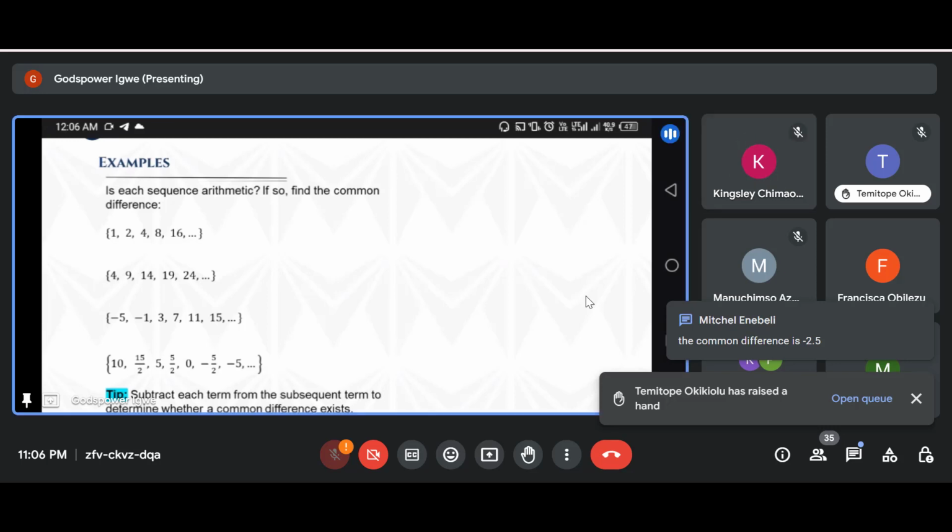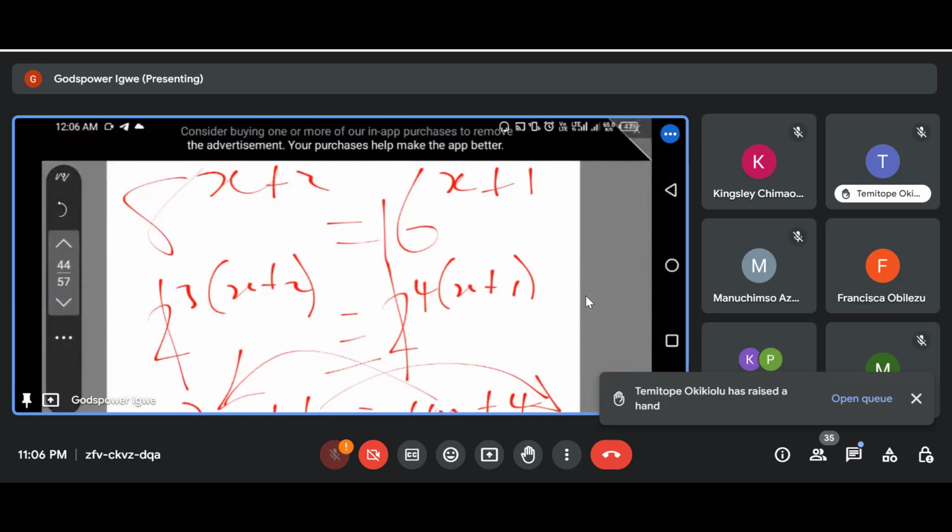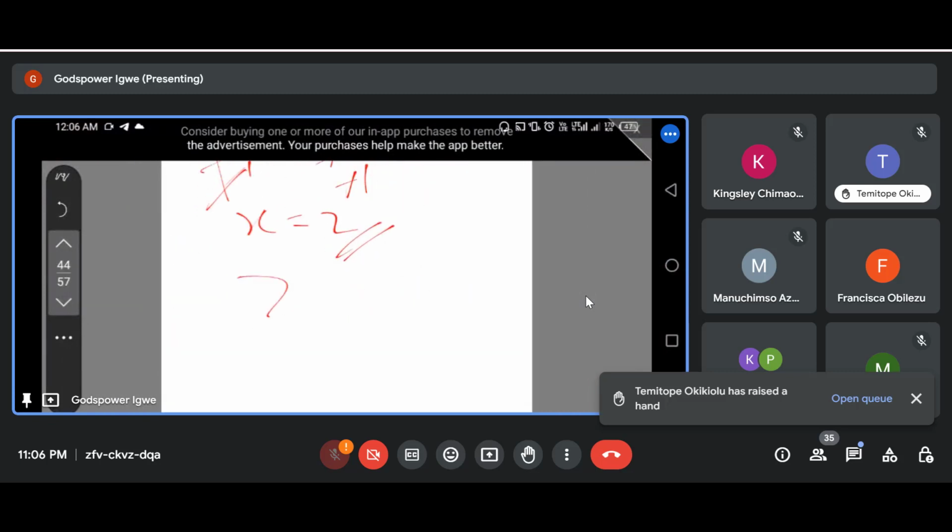2.5 is the same thing as 5 over 2. This is 1, this is 2, so 2 times 2 is 4, plus 1, this is 5 all over 2. It's just like adding 5 over 2 along every section.